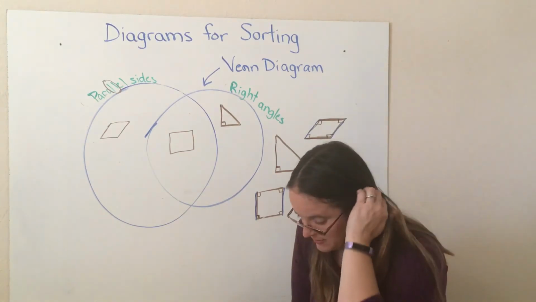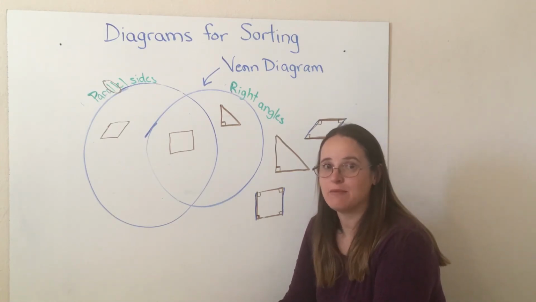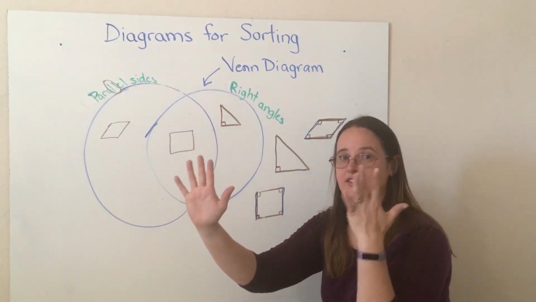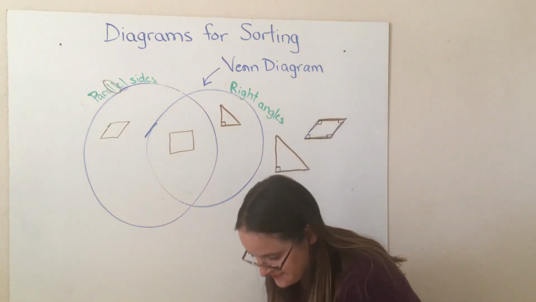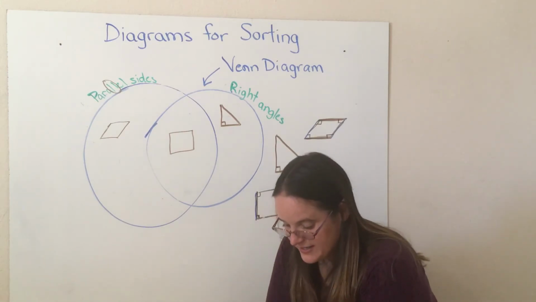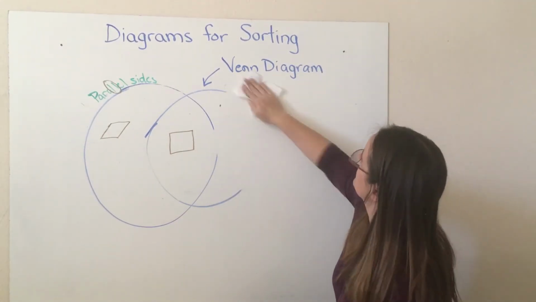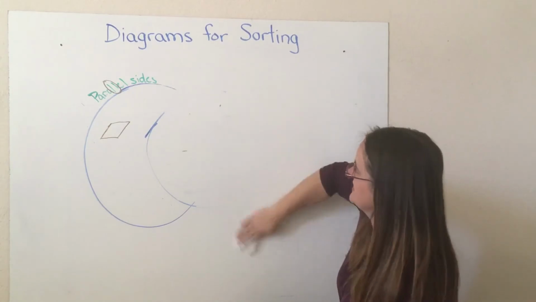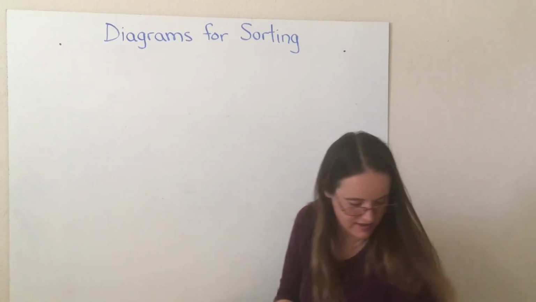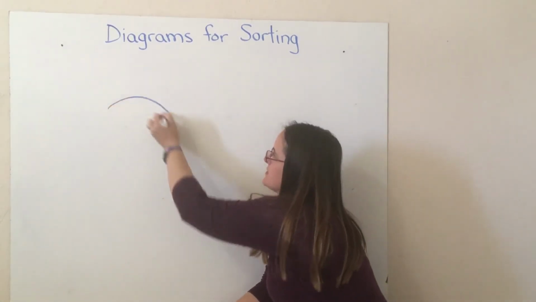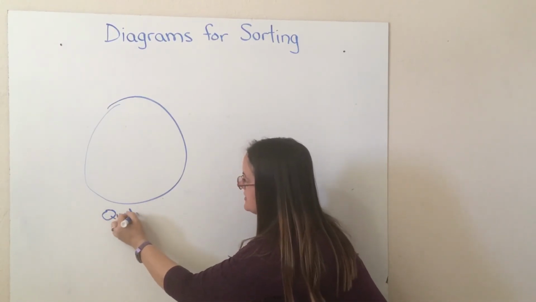So, problem A says draw 2 circles that do not overlap. So we're talking like our even and our odd circles that we had at the beginning of the lesson. 1 circle here, 1 circle here. Label 1 circle quadrilaterals. So this is not going to be a Venn diagram because these 2 circles are not going to overlap. So I've got 1 circle and this one's going to be labeled quadrilaterals.